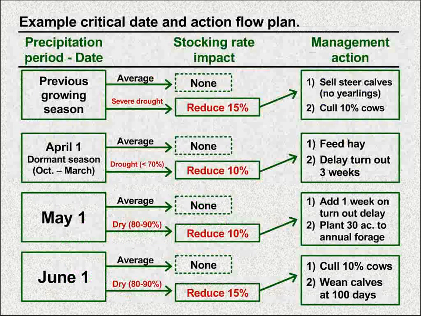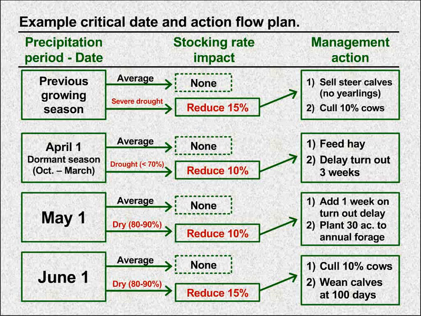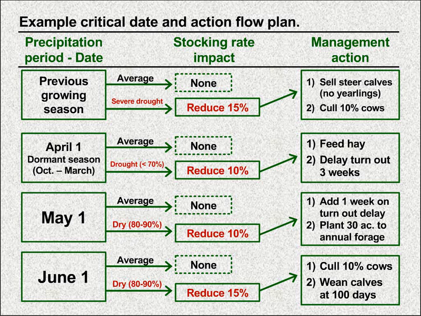I've got just a quick example here of using some critical dates and an action flow plan. On the left, we've got a precipitation period or date. The middle column is a stocking rate impact. The third column would be a management action selection.